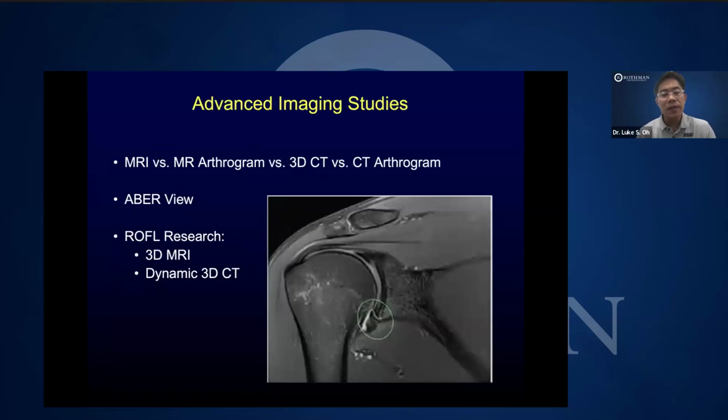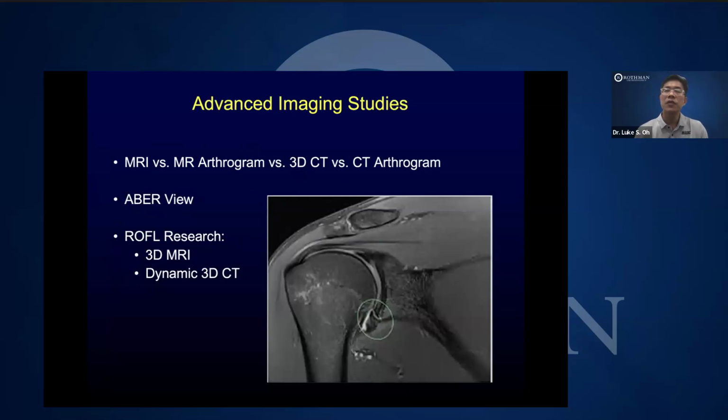Imaging studies, we classically rely on an MRI, some version of it, as well as CT scan. In some cases, if you have a bony Bankart lesion and a fracture of the glenoid, then you can see those on X-ray. But nowadays, I think the vast majority of us will rely on an MRI. And so there's some controversy between getting a regular MRI without contrast or obtaining an MR arthrogram where contrast dye is injected into the glenohumeral joint.